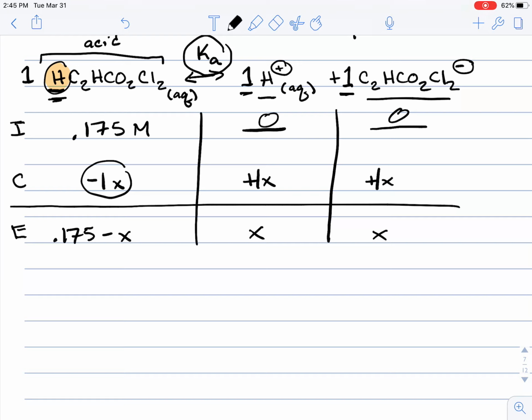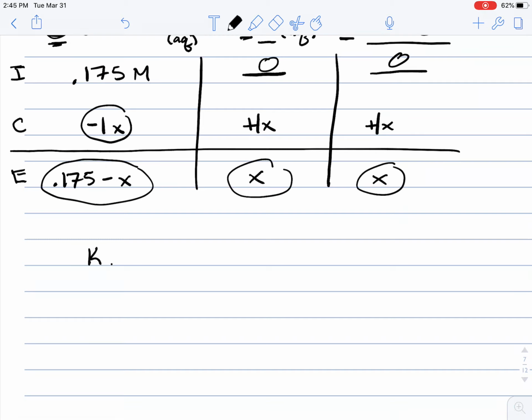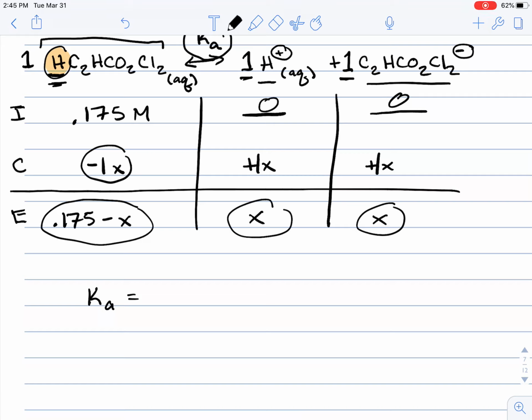All right, and so the next thing I'm going to do is write my mass action expression, because now I have expressions for the equilibrium concentrations. Since this is Ka, the acid ionization constant, it's going to equal the concentration of the proton raised to the first power, because there's a coefficient of 1, times the conjugate base of dichloroacetic acid, once again raised to the first power, because the coefficient is 1.